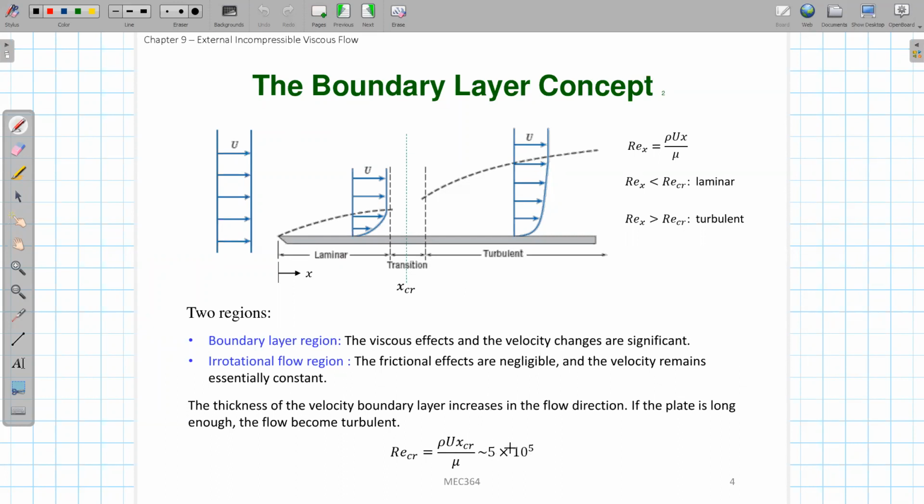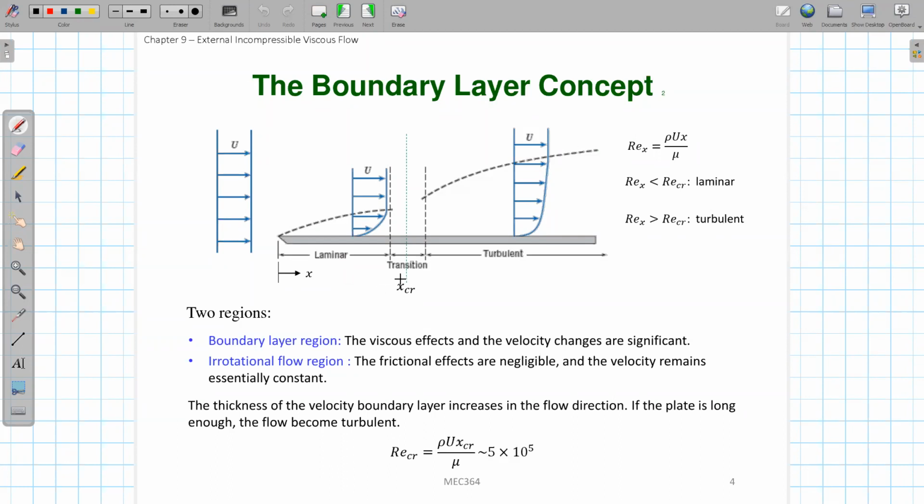From this critical value, we can find the critical location, where large U is the free stream velocity, and rho and mu are the density and viscosity of the flow. Based on this critical Reynolds number, we can find where this critical position will be.